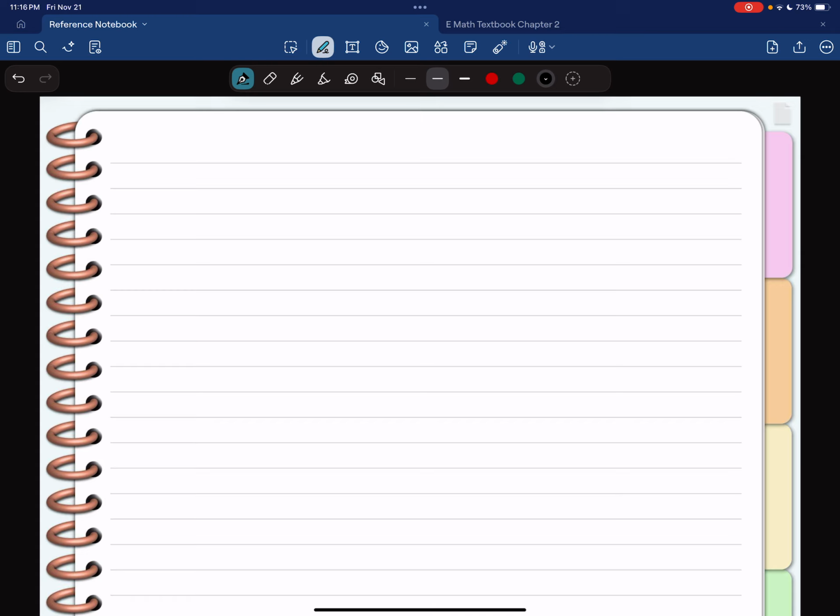Now, we've been solving word problems, but they've been one-step problems. Two-step problems are just by design more difficult. And they're story problems, so that makes them even more difficult.